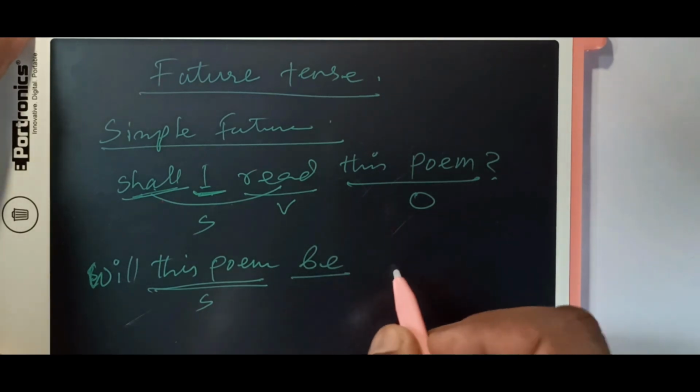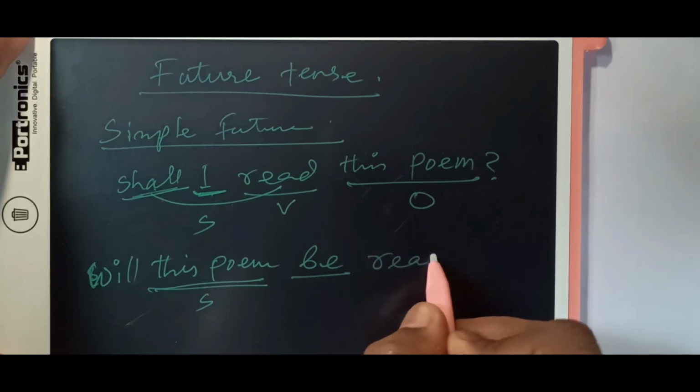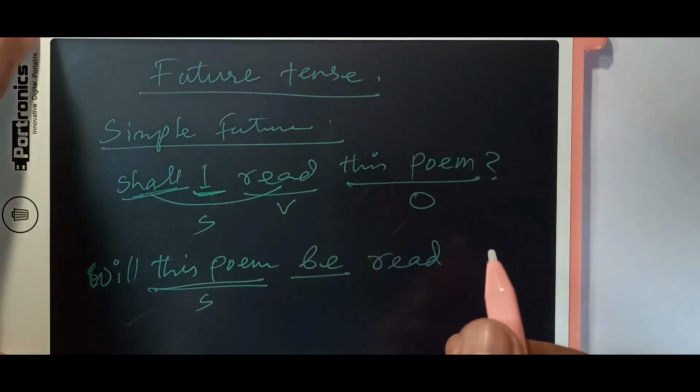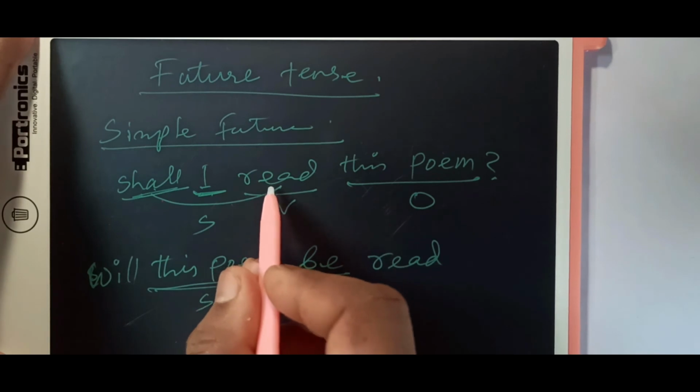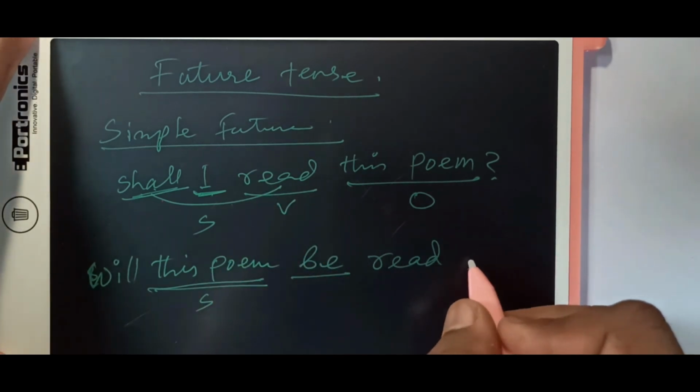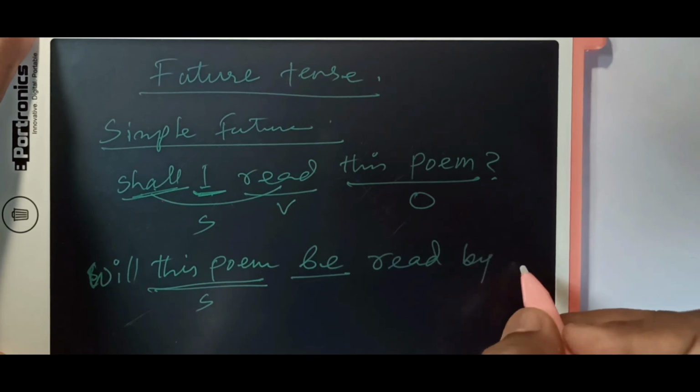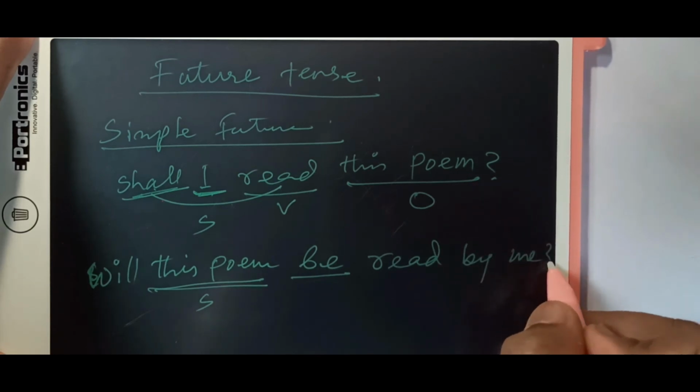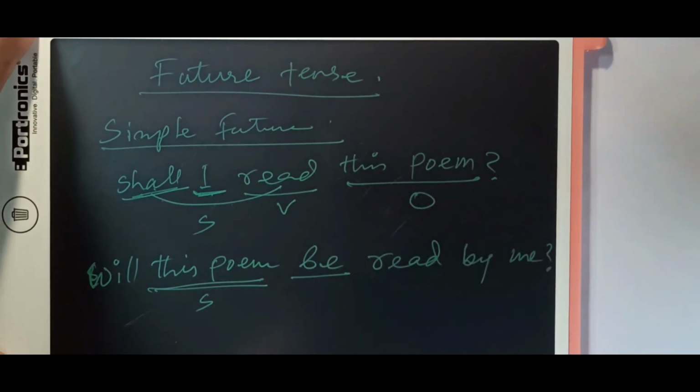Will this poem be read? This is our past participle, similar to present tense. Will this poem be read by, I will change to me, and it ends with a question mark. This is how we change simple future.